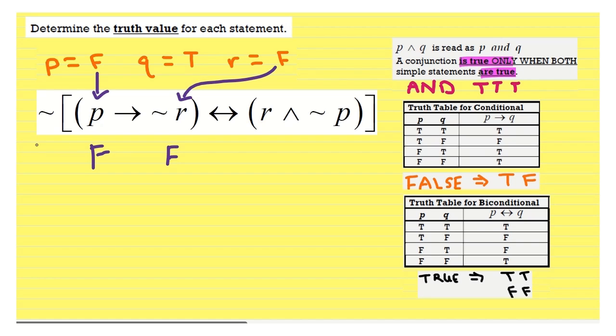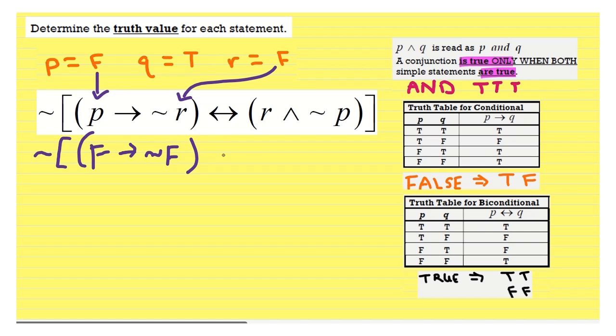Okay, but we need to make sure that we keep all of our brackets and braces. So that's not, bracket, parentheses, and then we've got if then, and it's not F. So don't forget all your little symbols, keep them intact.